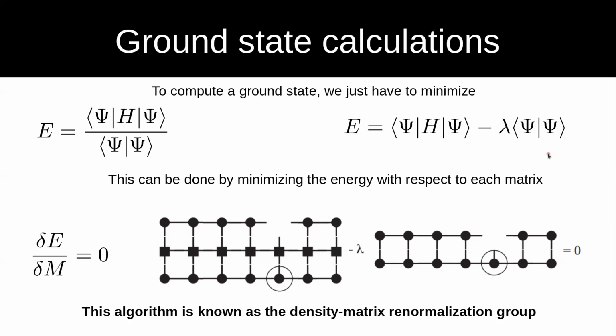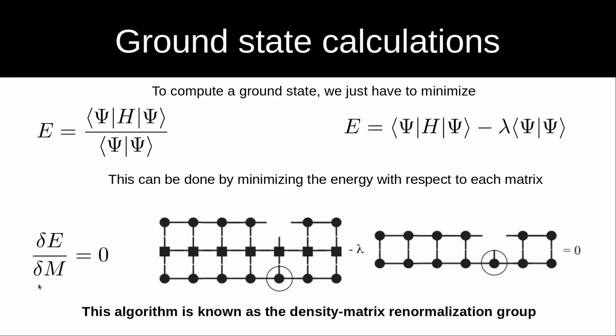And now what we have to do is just minimize with respect to all the parameters of psi. And in particular, for a matrix product state, the parameters are the matrices themselves. So from a variational point of view, finding the ground state with a matrix product state is essentially minimizing the energy with respect to the different matrices that you have in your tensor network.